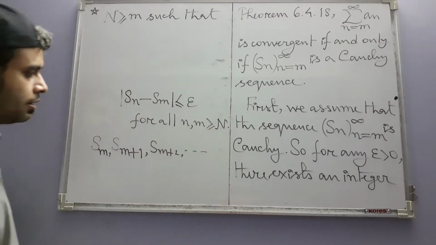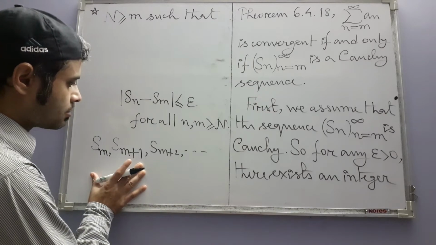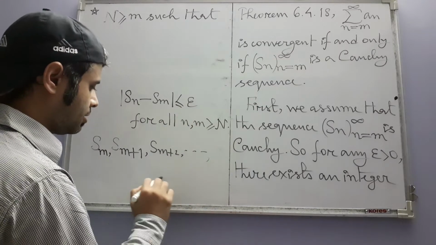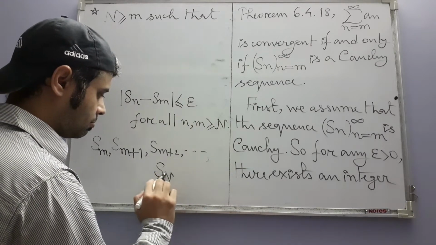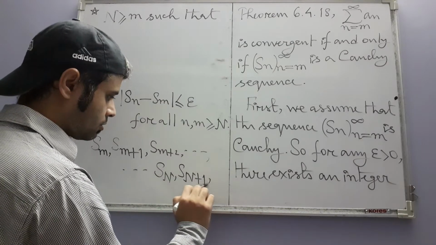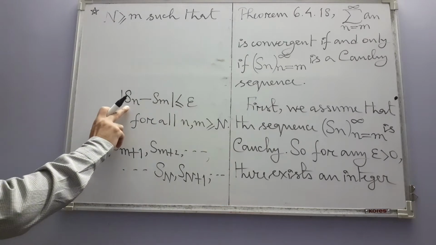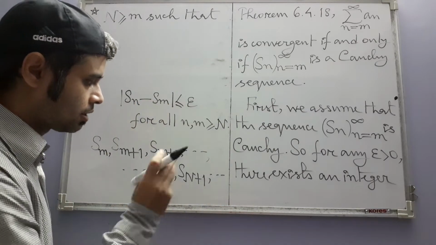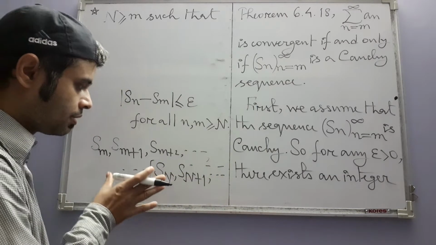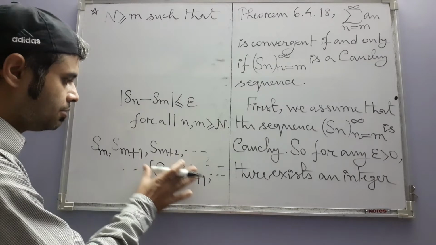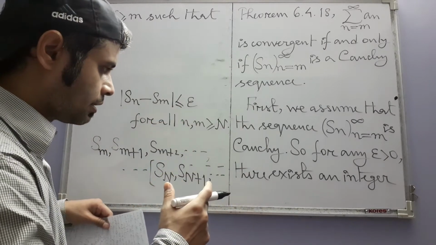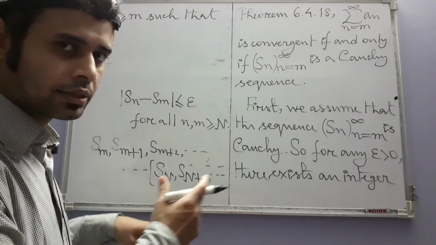So what we are saying is that as we choose one epsilon, then a stage will appear such that if you choose your two terms of this sequence from this stage onwards, then the distance between any two such terms is less than or equal to epsilon. So the things are getting closer and closer to one another in this manner.